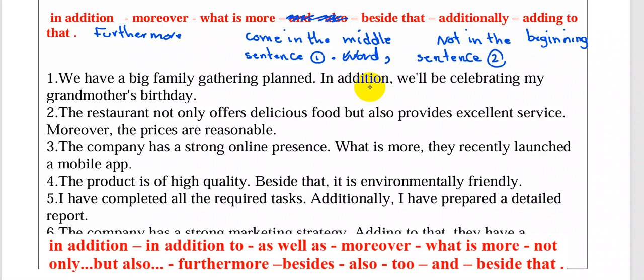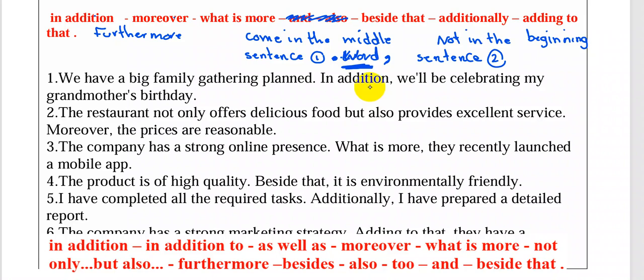So after I finish my first sentence, I'll use the conjunction here, like "In addition," followed by a comma, "Moreover," followed by a comma, "What's more," followed by a comma, "Besides that," "Additionally," "Adding to that," "Furthermore," all capitalizing the first letter and followed by a comma.